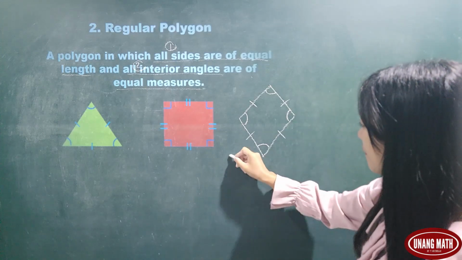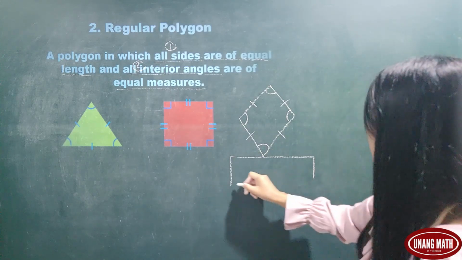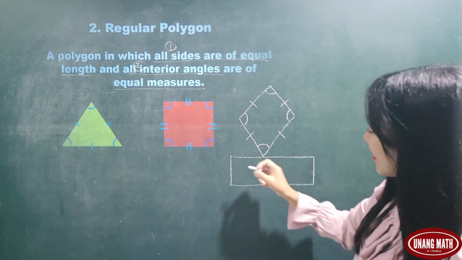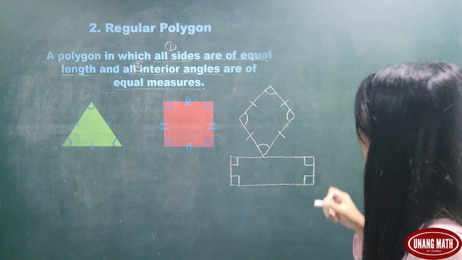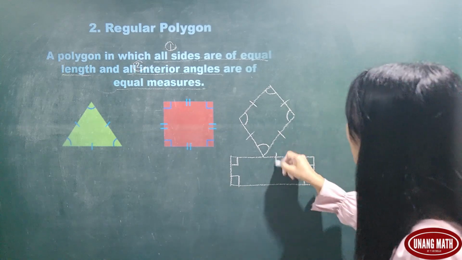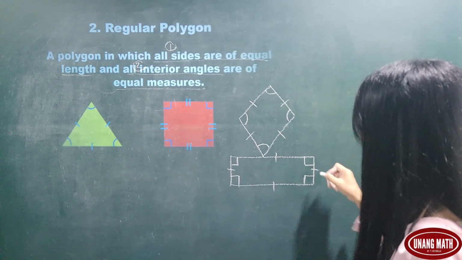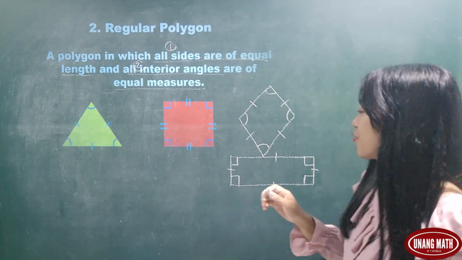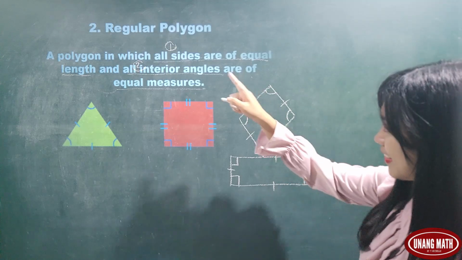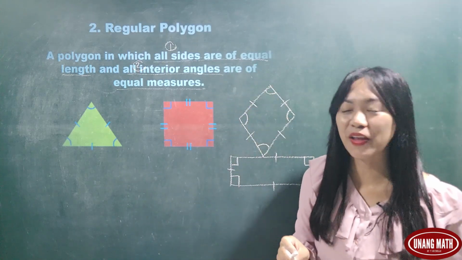Okay, another. Rectangle. A rectangle's angles are all right angles, but the lengths of its sides are of different measures. So a rectangle is not a regular polygon.